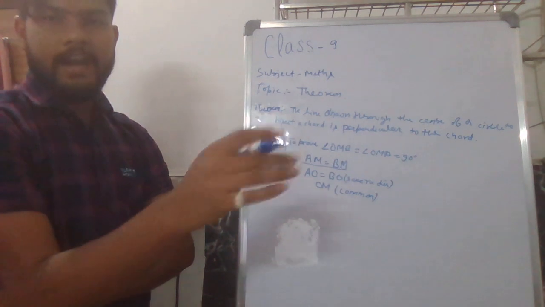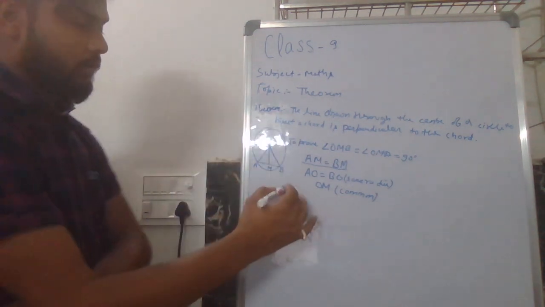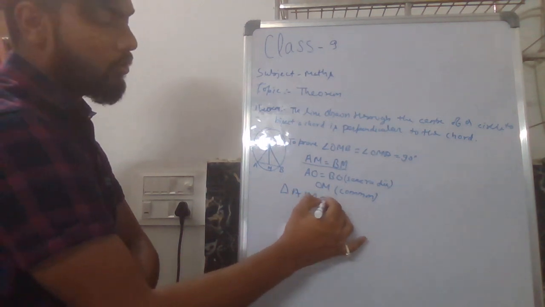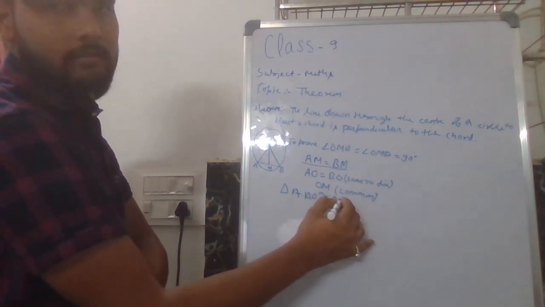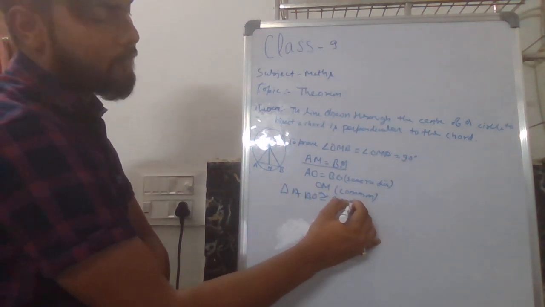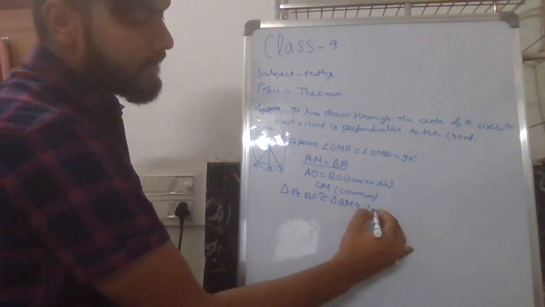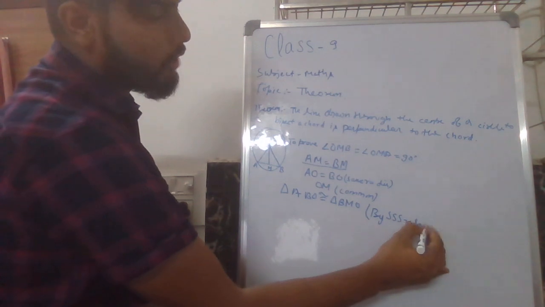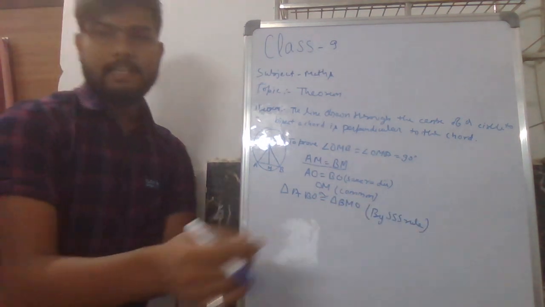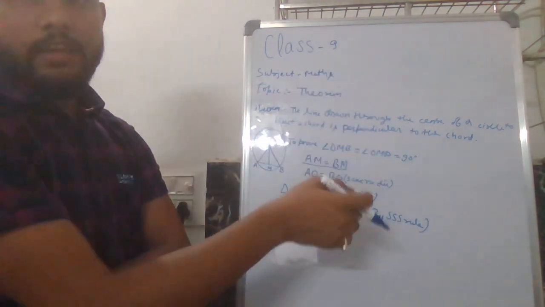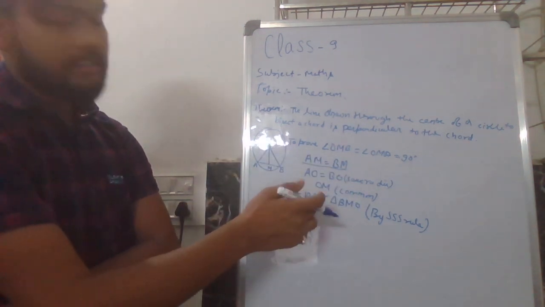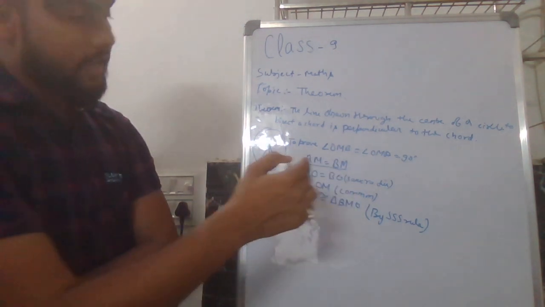After that we will see that triangle ABO and triangle BMO are congruent by the SSS rule.